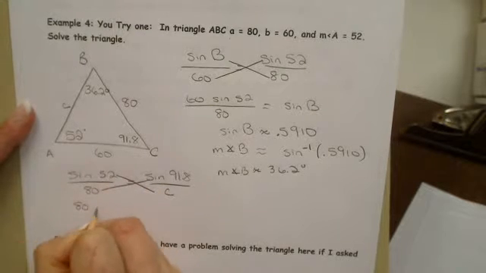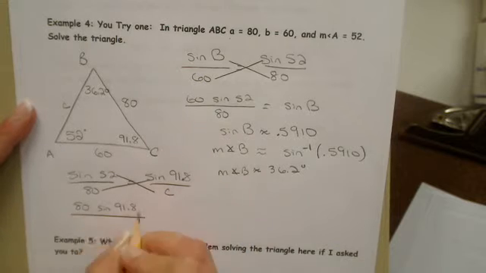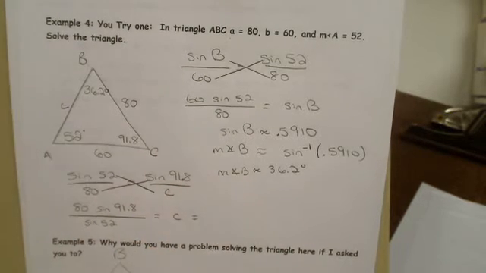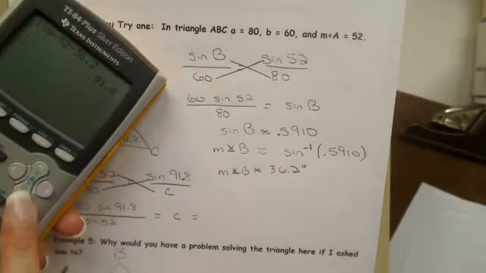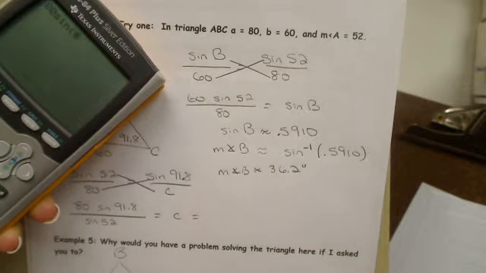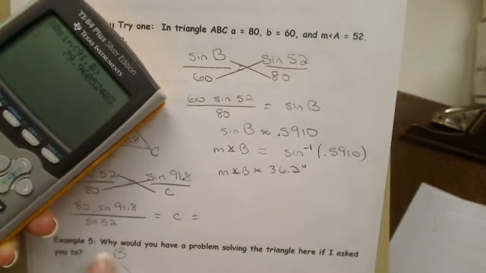So I do 80 sine 91.8 divided by sine of 52 to get what side c is, lowercase c. 80 sine 91.8, and I'm going to divide it by sine of 52.